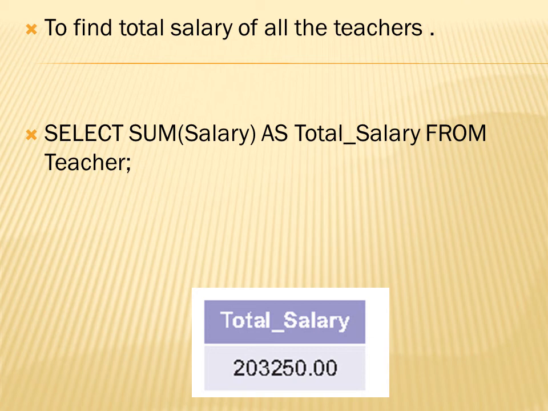That is the total salary that all the teachers are getting, meaning the overall salary that is being issued to all the teachers. So this is the sum, and the total salary heading comes from the above query, because you have mentioned as total salary, so that heading is coming.